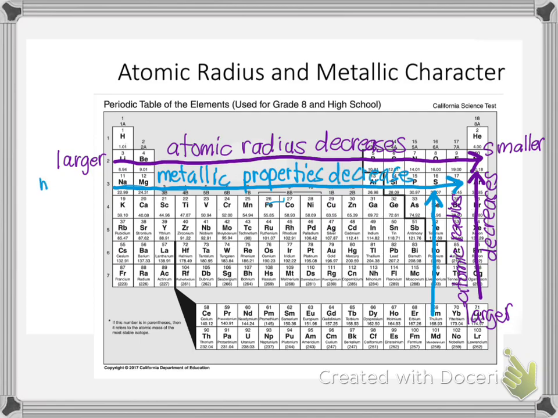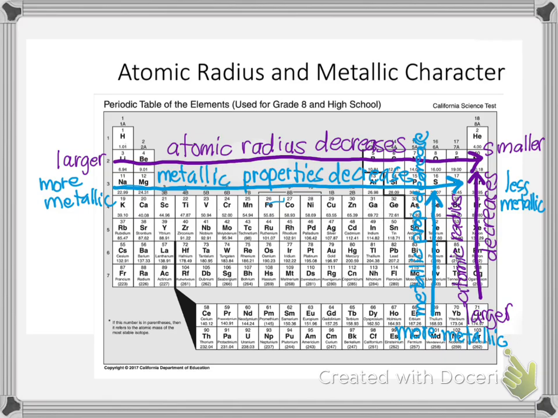So that means this side is more metallic, and this side is less metallic. And then it would be the same going up and down, because they told us it was the same trend. Metallic properties decrease as you go up. Sorry, it's kind of filled in there. So down at the bottom, it's more metallic. Okay, so they have similar trends.